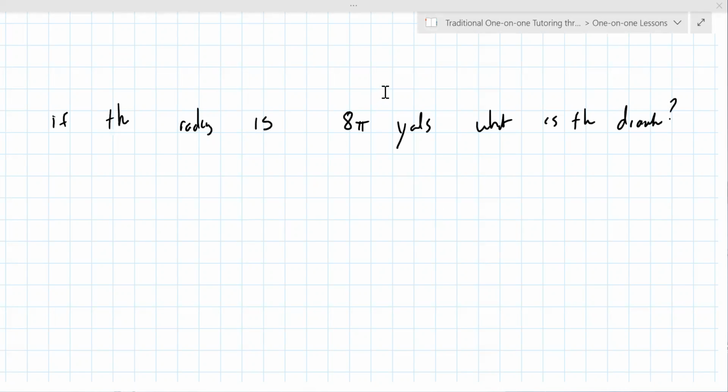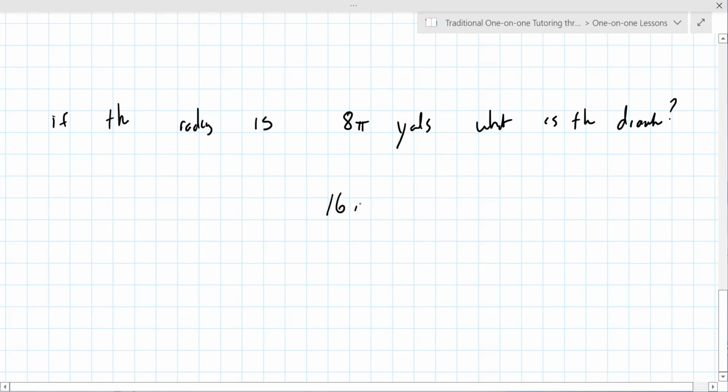And what is the diameter? What is the relationship between the radius and the diameter? Am I giving you the radius or the diameter in this problem? Radius. So if I was giving you the diameter, you would divide by 2. Here you multiply by 2, so it is going to be 16 pi. 16 what? Yards. Pi yards. Very good.